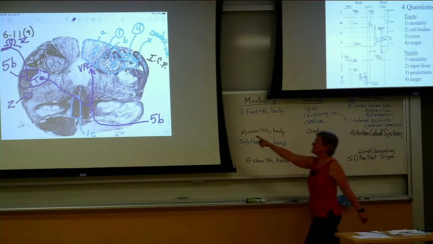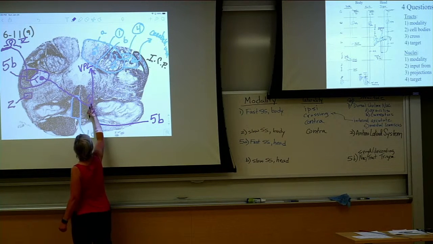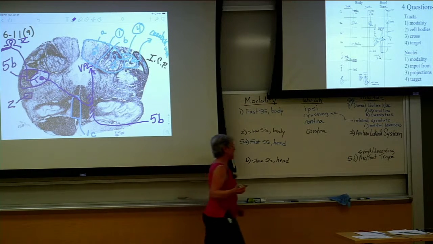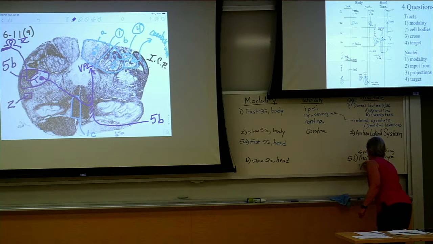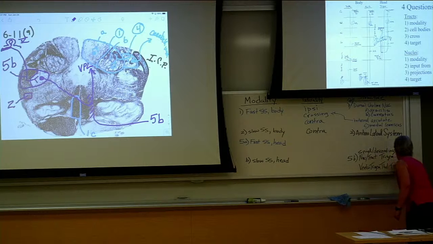And then our second 5B is these higher order neurons that are crossing the midline to ascend in the ventro-trigeminal thalamic tract.